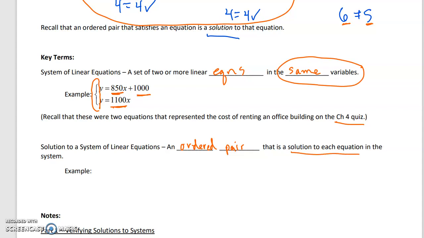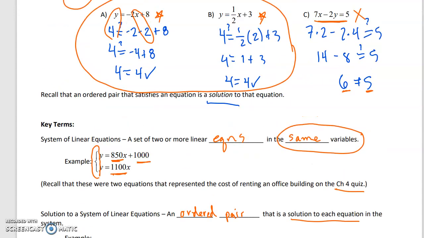So again, why is it an ordered pair? Well, when we think about lines, lines are a collection of points. And when we think about when the lines would have the same point in common, or when they would share a solution, they would share an ordered pair. So the example here that I want to use is from our warm-up.